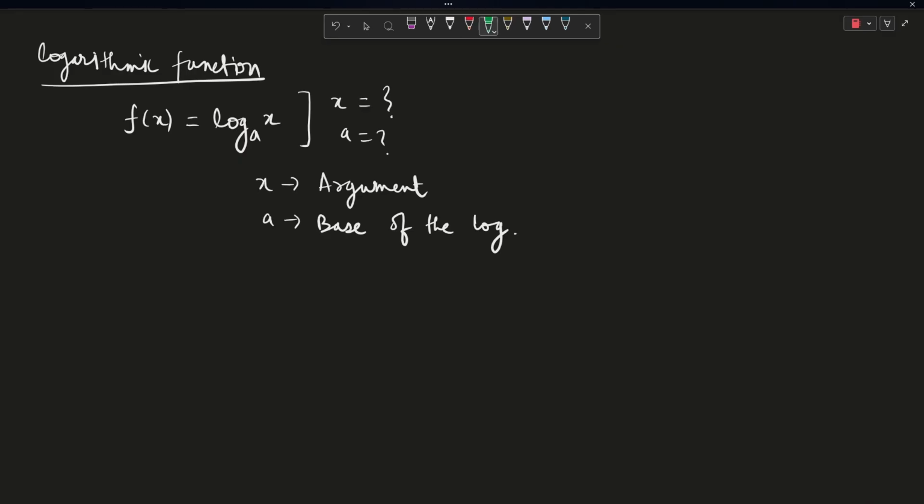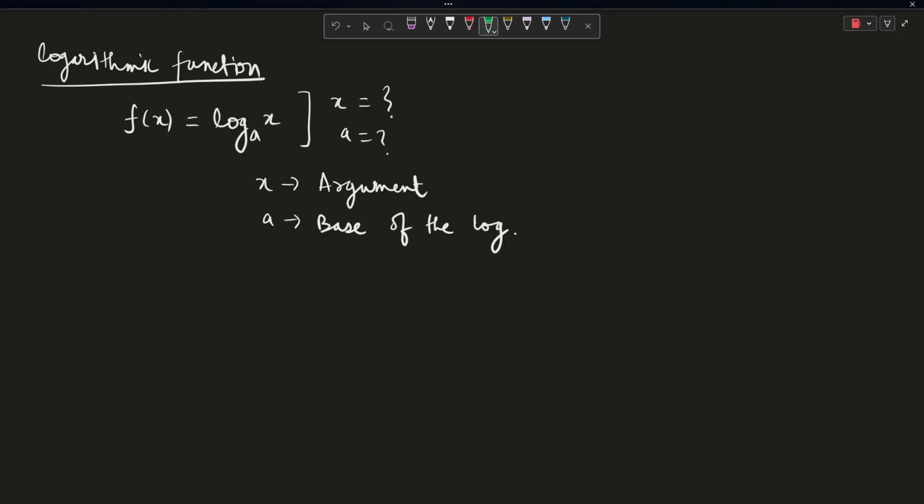So when I say that x is the argument and a is the base of the log, that means there must be some values that are satisfied for x as well as a, or I can say certain values called the domain which could be put in the place of x and a to get the output f of x.